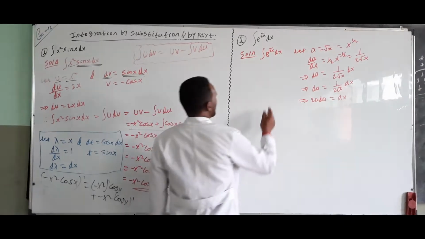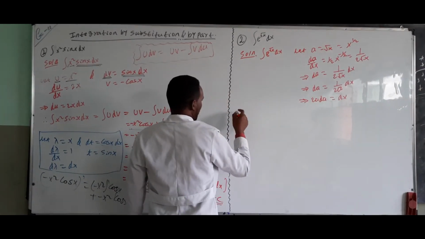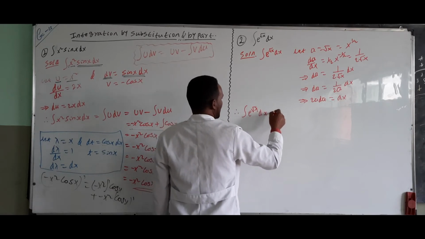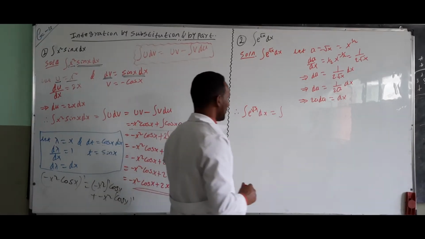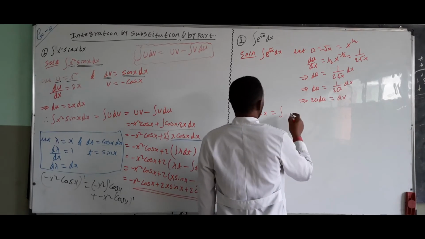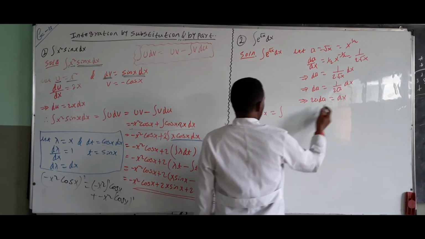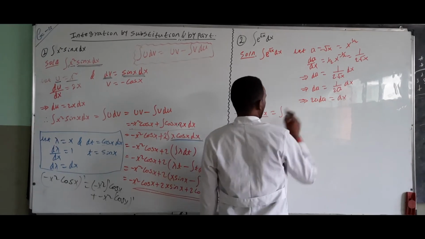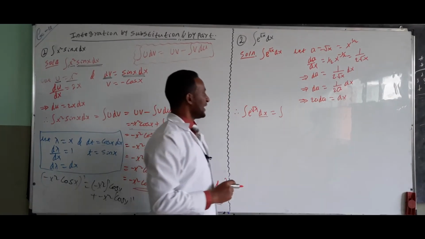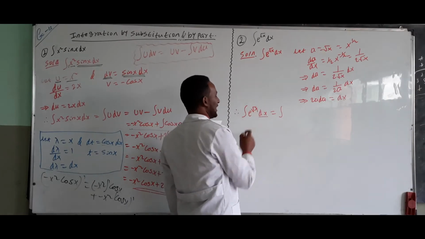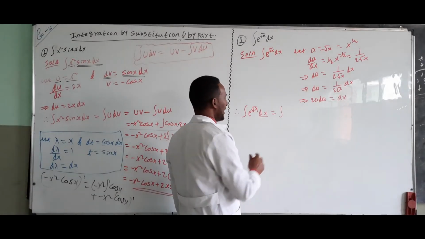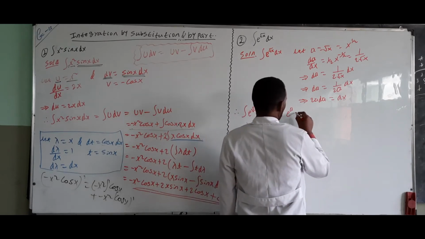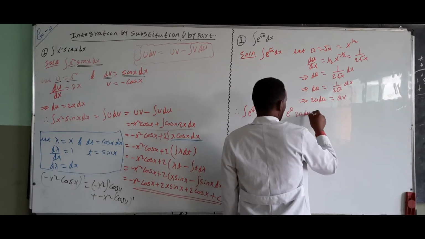Then let us substitute. Therefore, the integration of e to the power of radical x dx: when we substitute dx by 2a dA and radical x by a, e to the power of a dx means e to the power of a times 2a dA.